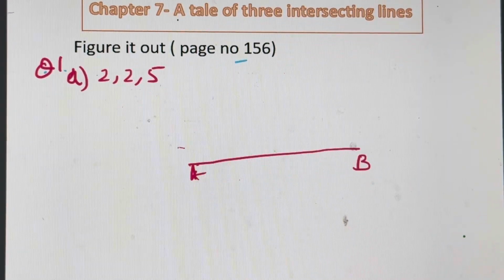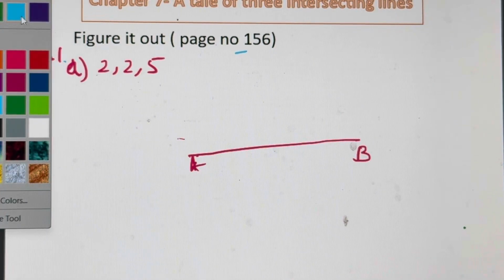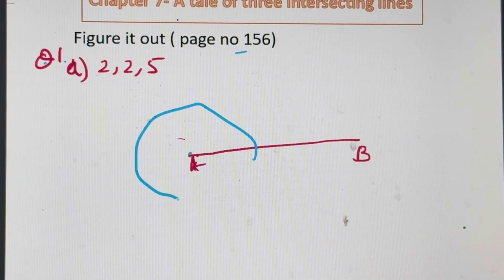Here we are just visualizing it, so we are not using a compass. So we will make a circle with center A and radius 2, right? So this is 5, so around here somewhere it will be 2 centimeter, right? This is the 2 centimeter radius.